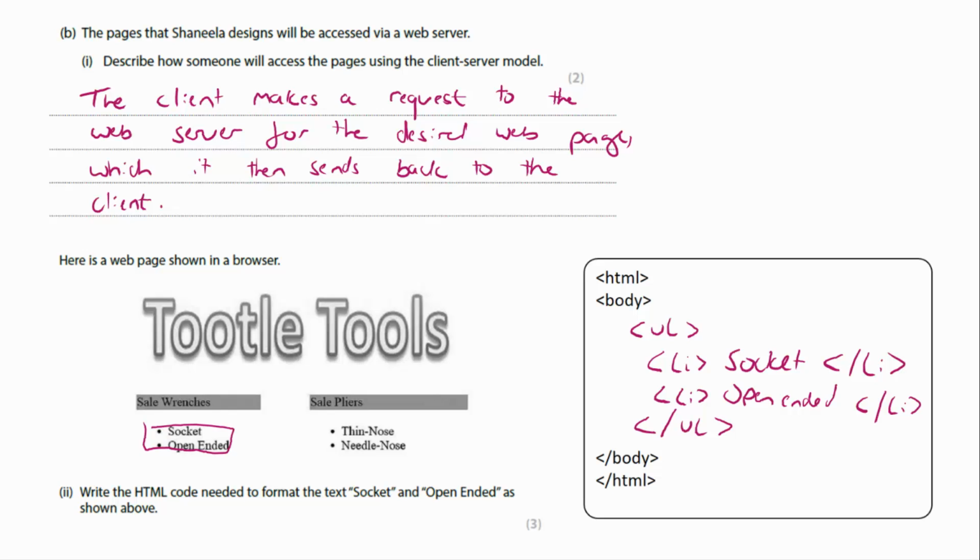So just to recap, both of them are unordered lists, because if it was an ordered list, it'd be like 1, 2 instead of a bullet point, and we then just need to define the actual elements, or the actual bits in the list, the actual bullet points here. So this would get you those 3 marks.